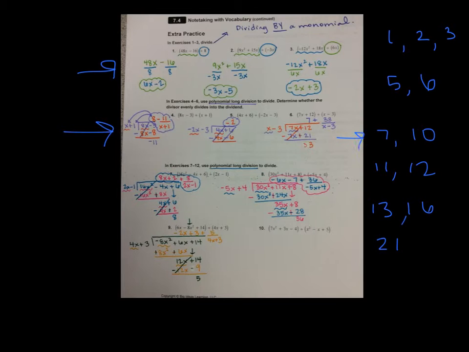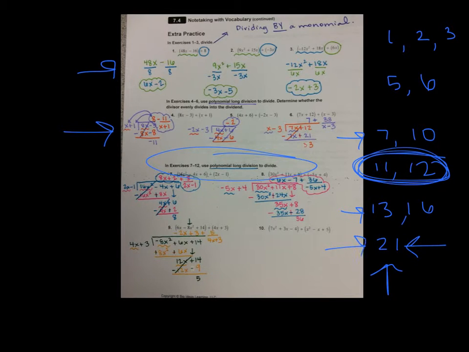So 7 and 10 and 13 and 16 are like this, the polynomial long division. 11 and 12 are what I'm about to talk about right now, and then 21 is long division, but you are looking at someone else's work and finding their mistake, okay? So it's a good mix of what we did in class.